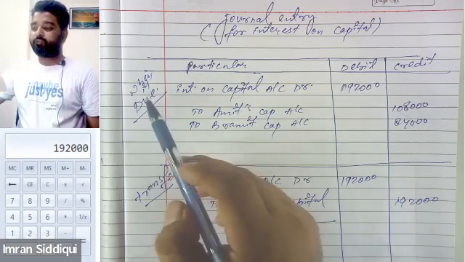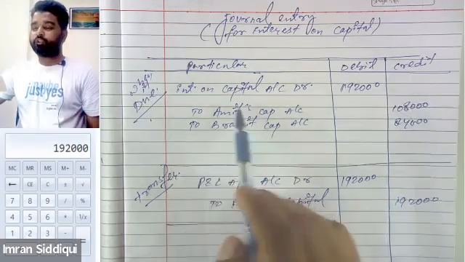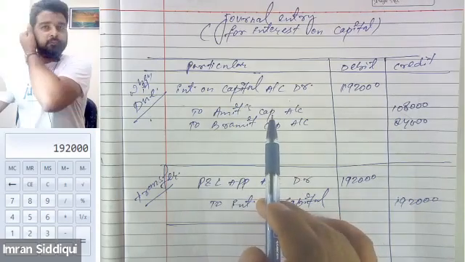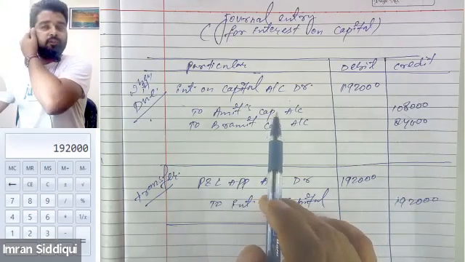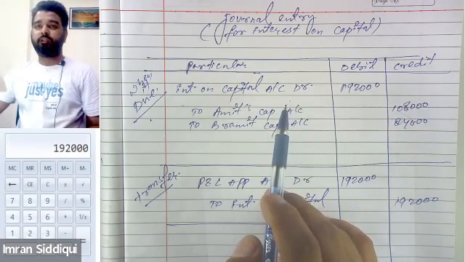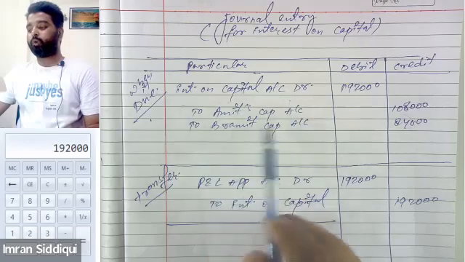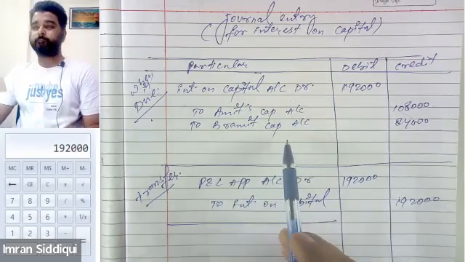So whenever the interest is due, the general entry will be interest on capital account debit to the partners' capital accounts. As you see, there are two partners in our question, so we'll pass the general entry like this: interest on capital account debit to Amit's capital account, to Brahmit's capital account.